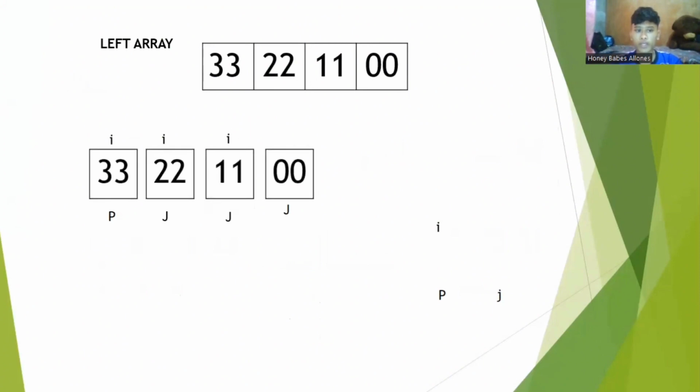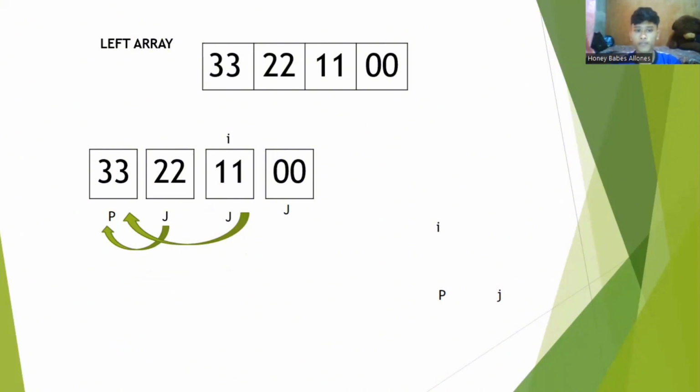So pivot here is 33, I is also 33, and J is 22. Since 22 is less than our pivot, which is true, I will increment and we move J to another element. J is 11, which is less than our pivot 33, so I increments and moves to another element.